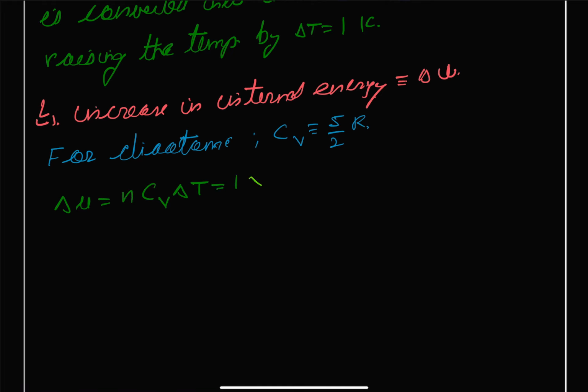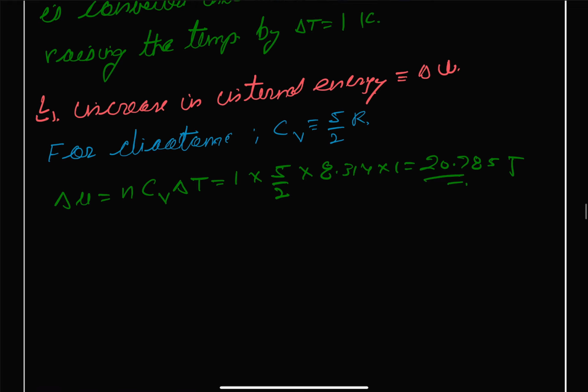It comes 1 into 5/2, 8.314 times 1. This comes as 20.785 joules. Now we are going to find out bulk kinetic energy.